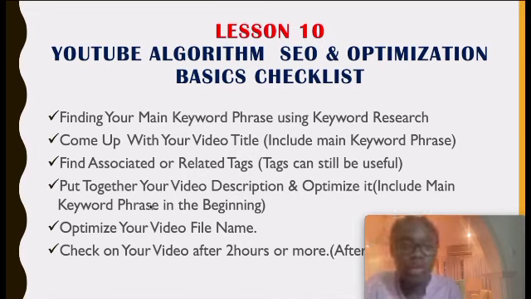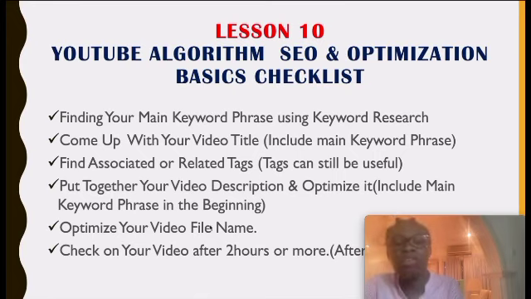If you don't know this, you'll be uploading videos anyhow, putting descriptions anyhow, and your video will not be optimized. It will not show up in the search results. So keep these points in mind: your main keyword phrase should be in your title, and in your description, it should be in the first line. We will keep repeating this so that you get this point.